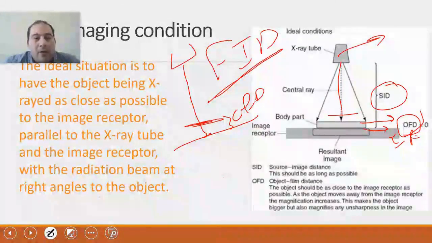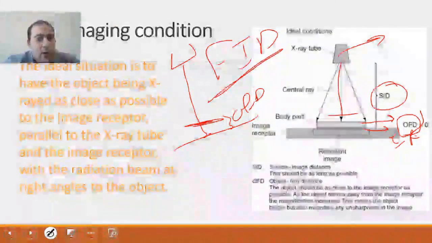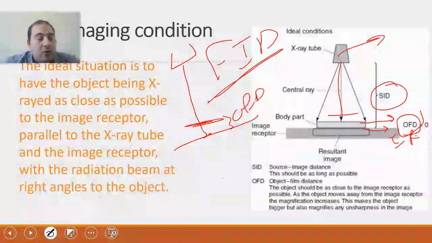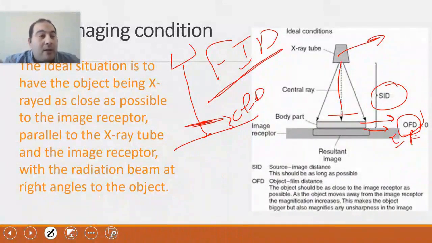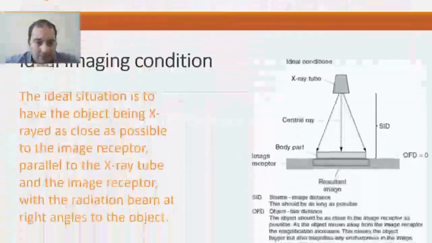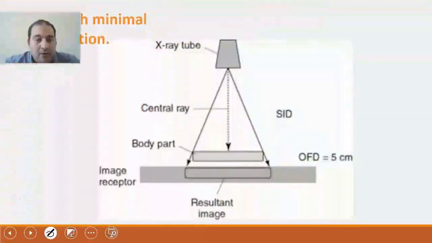Additionally, if there is movement, such as the object shifting, this will also increase unsharpness or blurring and decrease resolution. For instance, if you move your object away from the image receptor, this will increase the penumbra or blurring while simultaneously reducing resolution, as we will discuss further shortly.